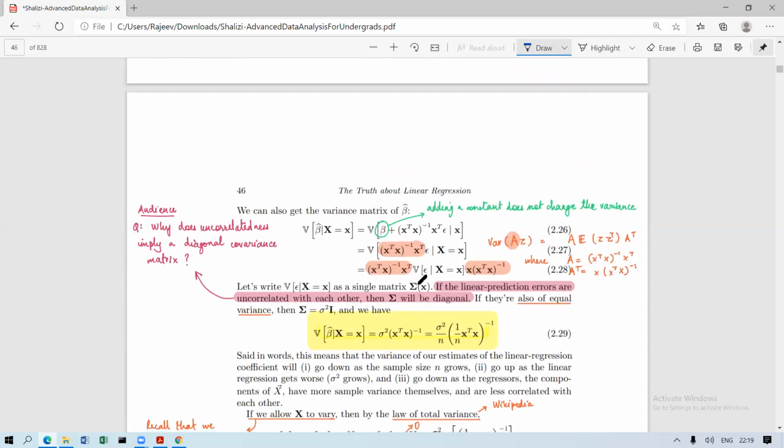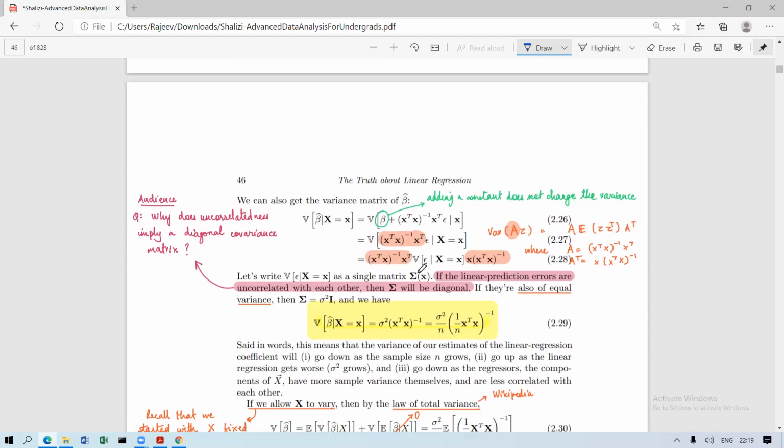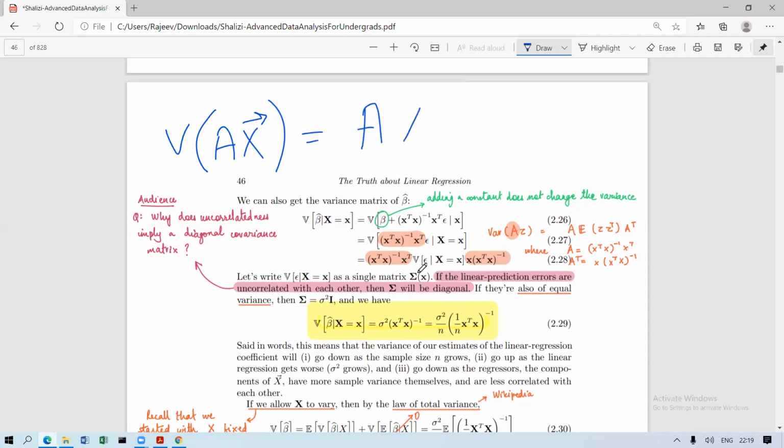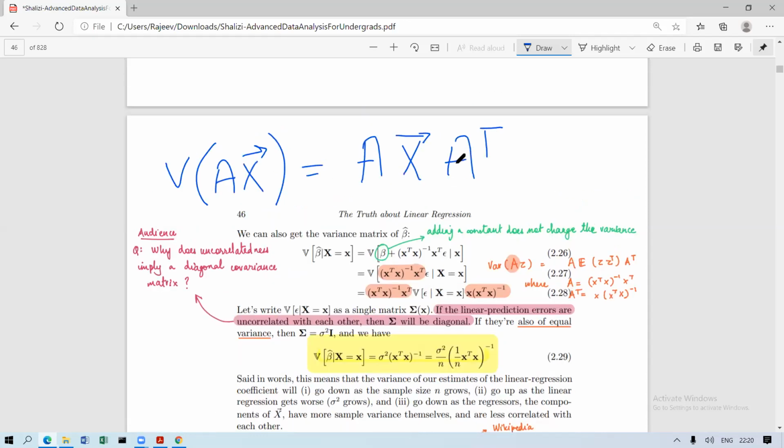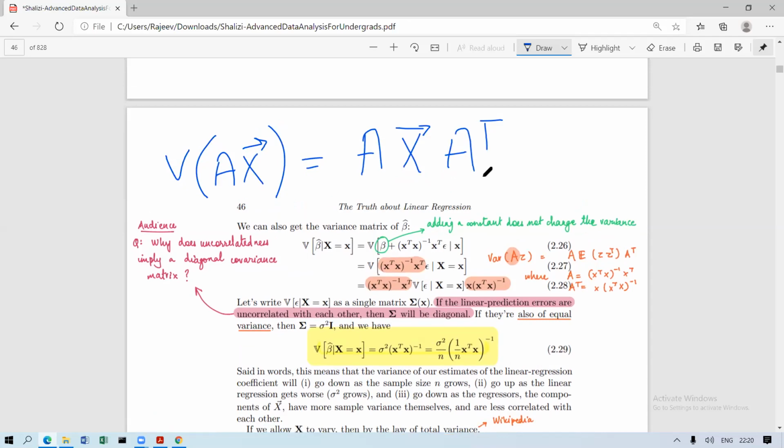Again the same for variance. This is also a formula in the multivariate case. You need to make sure that if A is a matrix, X is a vector, this will be similar to all the equations in the univariate case.